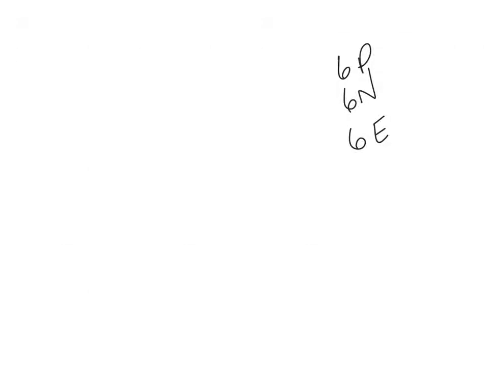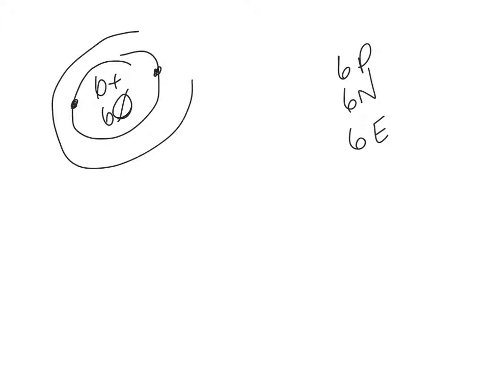So if I draw a carbon atom, I'm going to have 6 protons and 6 neutrons on the inside. Around it, I'm going to have my electron shells. I'm going to have 2 electrons in the first shell. That's all that first shell can hold. In my second shell, I've got 6 electrons total, and I've got 2 right here.